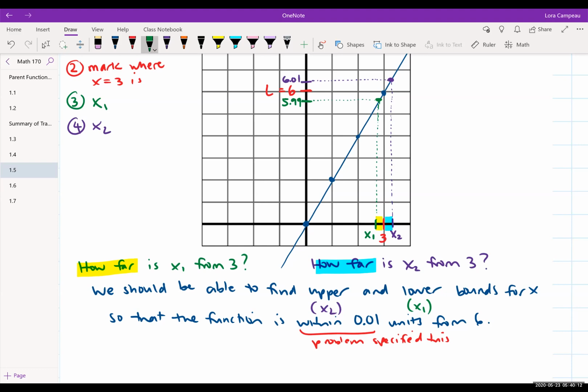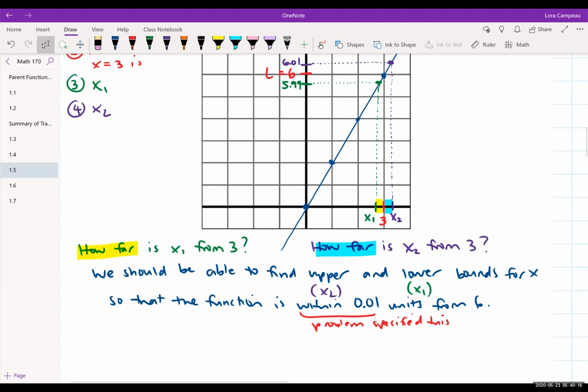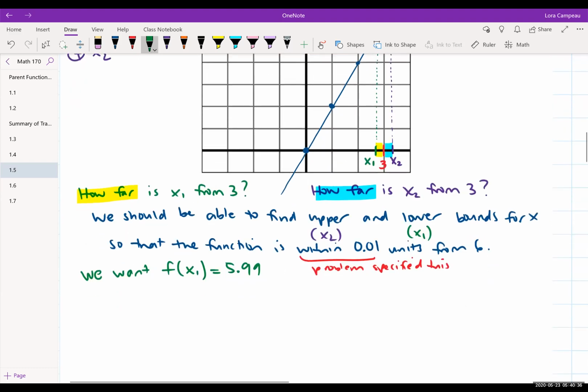Looking at the 5.99, I'm going to keep everything color coded. We know the function evaluated at whatever that x value happens to be is 5.99. So we knew the y value. Our job is to find the x value. If that is the case, we can use function notation to help us out.